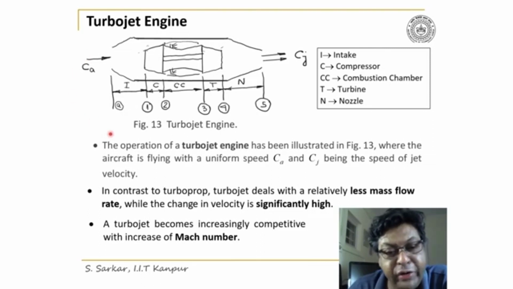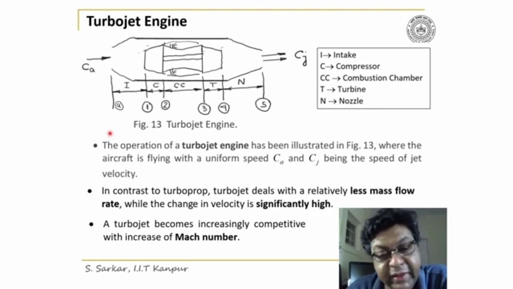The operation of a turbojet engine has been illustrated by the schematic figure 13, where the aircraft is flying with a uniform speed CA, and CJ is the speed of the jet which is producing the thrust.